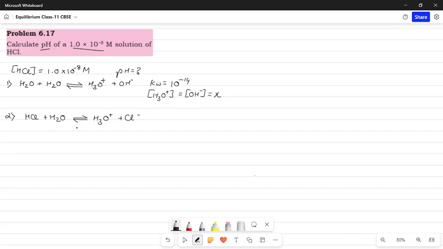Now, in this case, you have HCl plus H2O gives rise to H3O plus. So the concentration of H3O plus from just the HCl will be equal to 1.0 into 10 to the power minus 8.